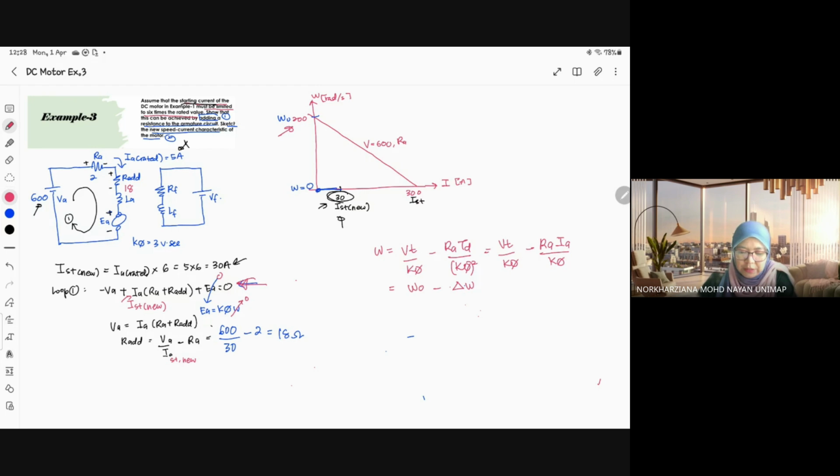We want to find omega naught 3, the new no load speed when we add this additional resistance. So Vt over Kv: Vt is still the same, 600, and Kv has no change since you are not changing the motor. So 600 over 3 gives the same 200 radian per second, which is also omega naught 3.